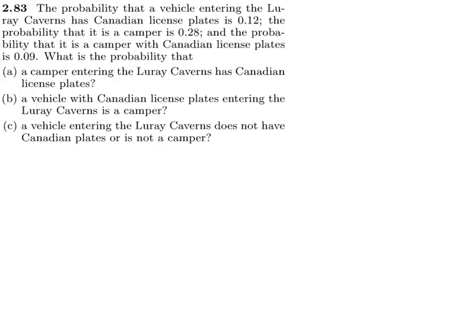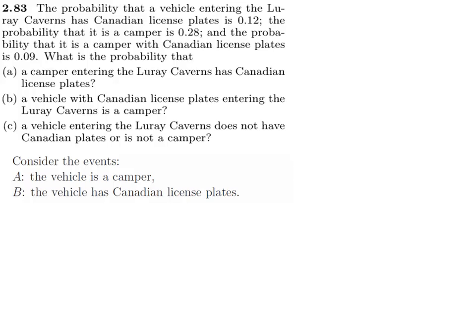So the first one says the camper entering the lower cabin has Canadian license plates. If we consider those two events, A, the vehicle is a camper, B, the vehicle has Canadian license plates, how would you define the first event or the first question? This is given.